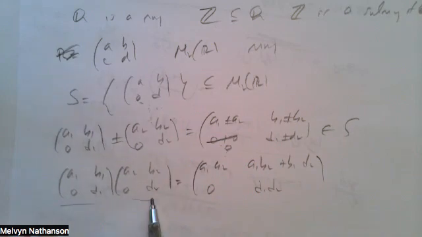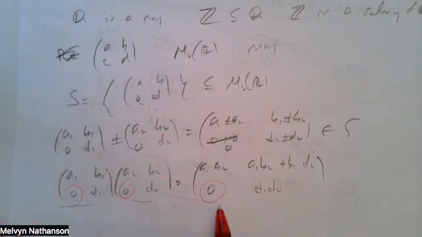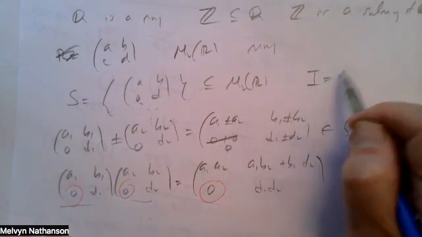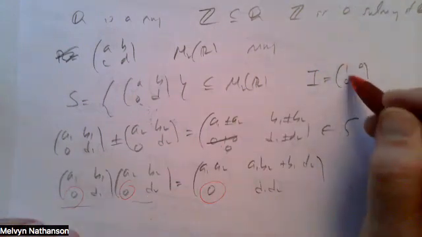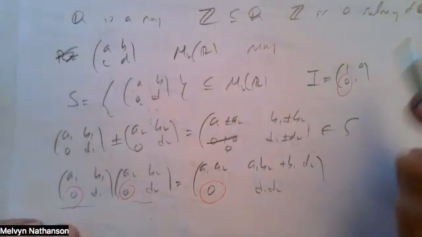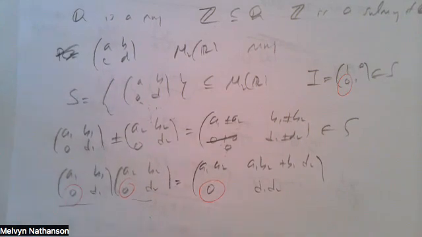So if I multiply 2 matrices with a 0 in the lower left-hand coordinate, I get another matrix with a 0 there. So this set of matrices is closed under multiplication also. And you can also note that the identity matrix (1, 0; 0, 1) also has a 0 in the lower left-hand coordinate, so this is in S. So this is a nice subring of the ring of 2 by 2 matrices.